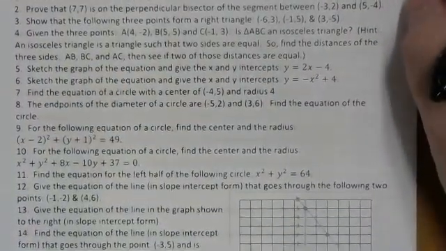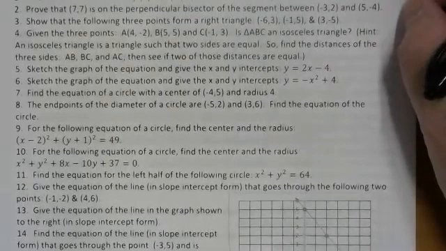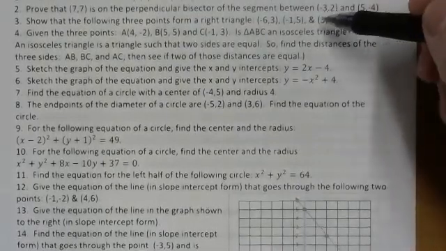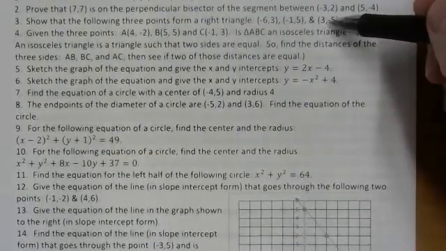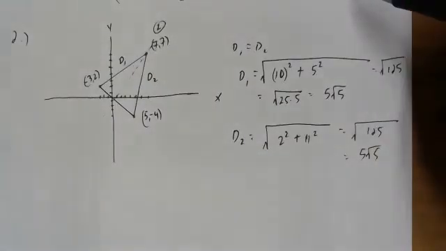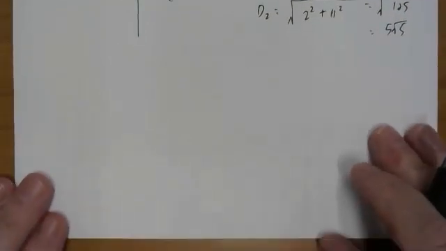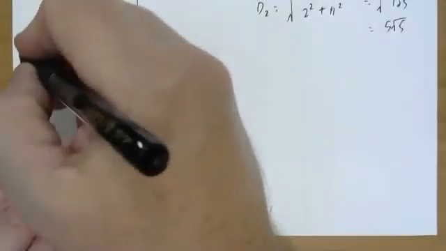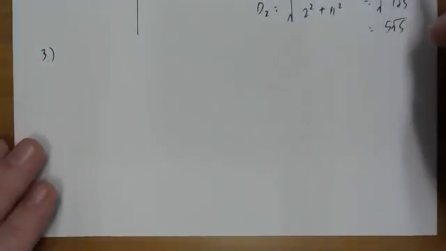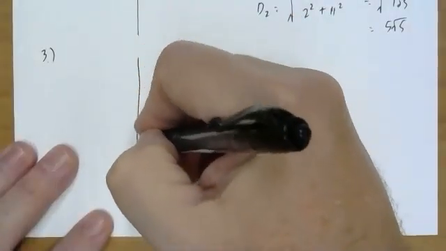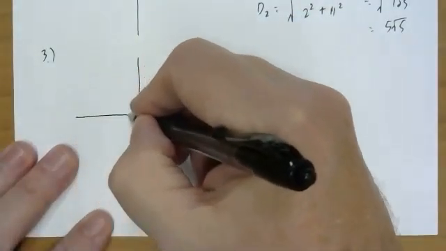Number 3, show that the following 3 points form a right triangle. Now this is where we're going to use the Pythagorean formula. So once again, let me just make a quick sketch of these points. It may or may not look like a right triangle because my graphing will not be perfect. But we'll just see how it looks.